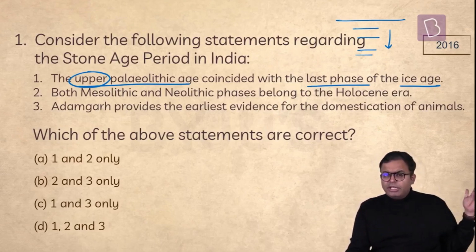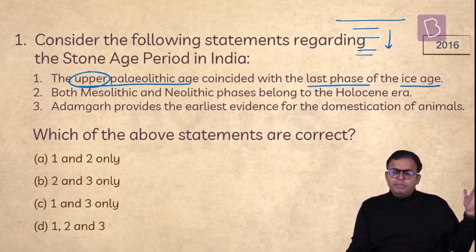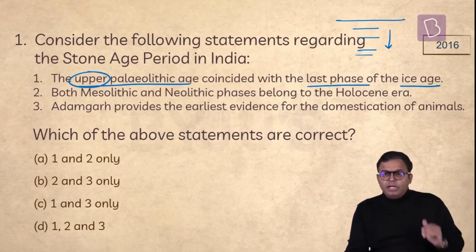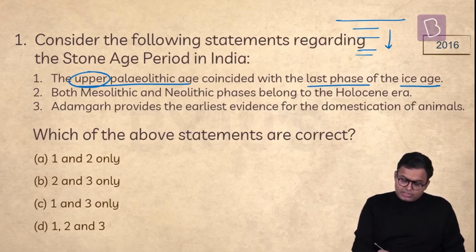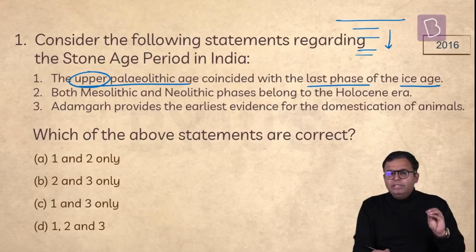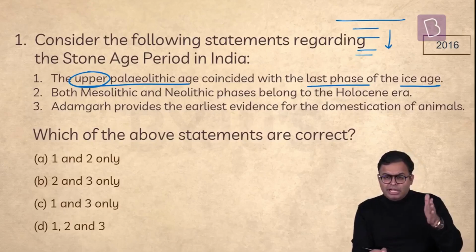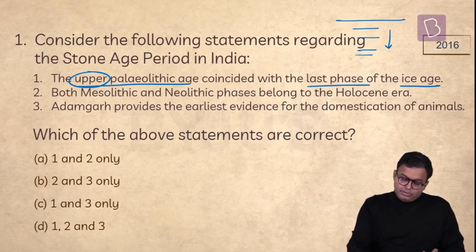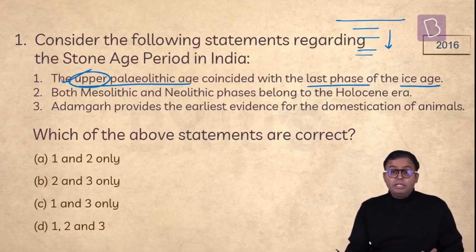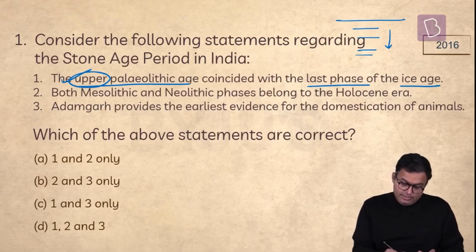So lower Paleolithic age will be the earliest, then middle Paleolithic age, and then the upper Paleolithic age. And I just gave you a brief idea that Paleolithic age was the last of Pleistocene. So definitely upper Paleolithic age will be the last phase of Ice Age.